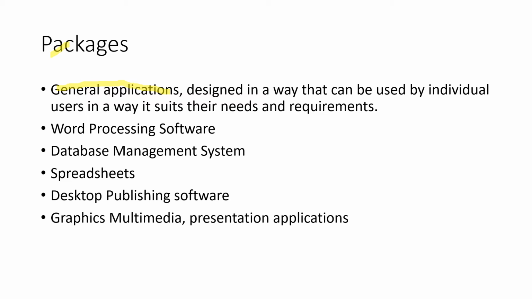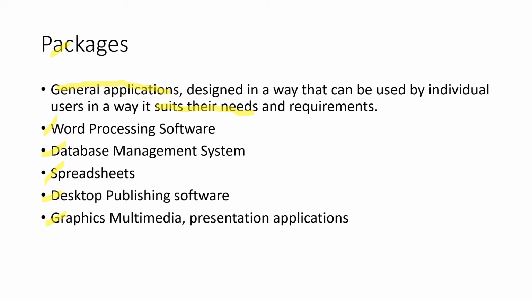Some of the most common categories of the general application software or packages are word processing software, database management systems, spreadsheets, desktop publishing software, graphics, multimedia, and presentation applications. And I can give you an example for each of these categories.